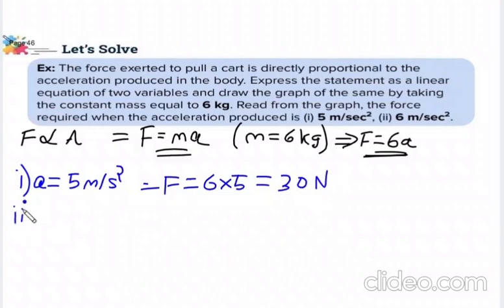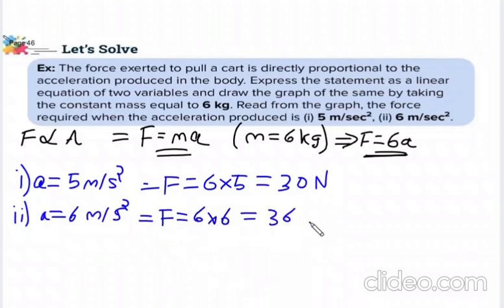Similarly for the second one, acceleration is 6 meter per second square. So force is 6 into 6, that is 36 Newton.